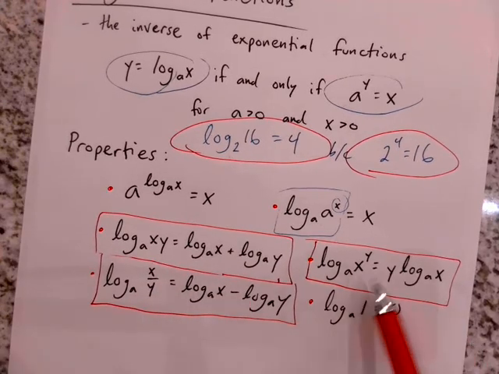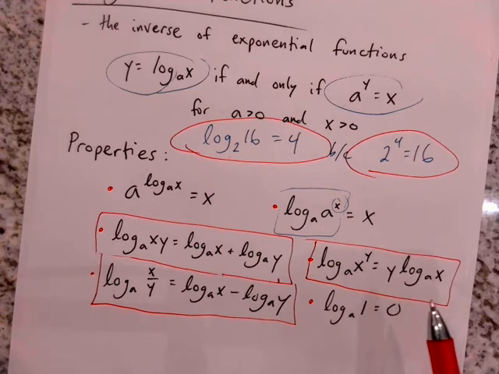You can turn a power into a product. You can turn a quotient into a difference. Everything gets one step easier. It takes complicated things and turns them one step easier. And in the days before calculators, using logarithms and their properties is how you would do large, complex calculations.